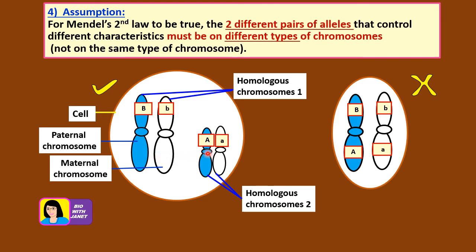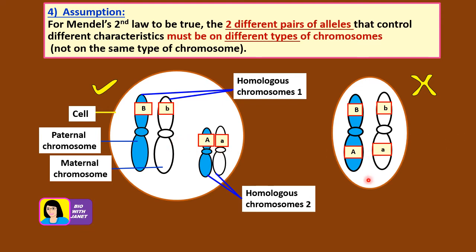But the second pair of alleles is on another pair of homologous chromosomes, number 2, different from homologous chromosomes number 1. Then Mendel's second law of independent assortment will hold true, where the two pairs of alleles will separate independently of each other. Two pairs of chromosomes will separate independently of each other, and so will the two pairs of alleles.